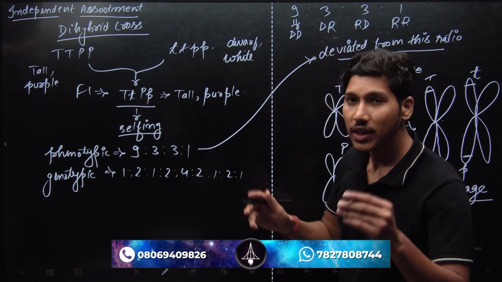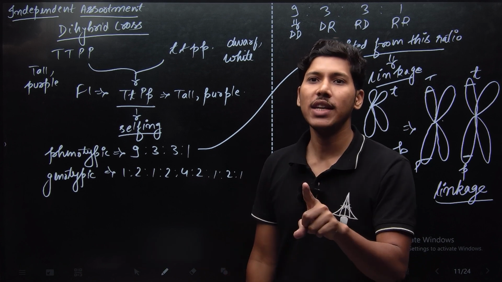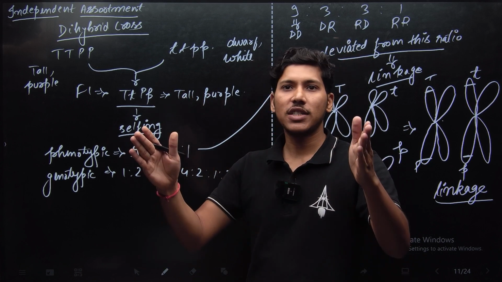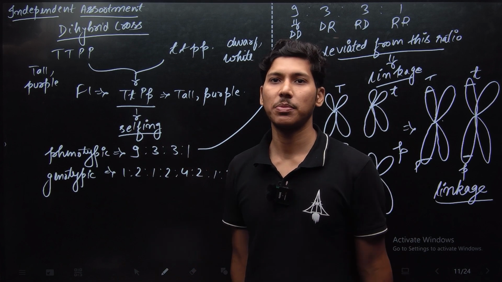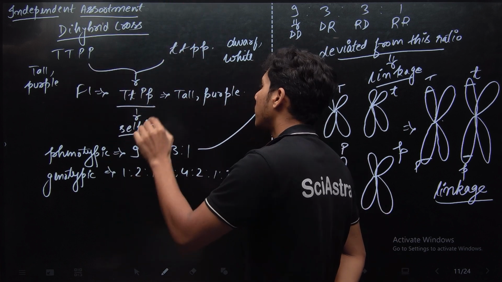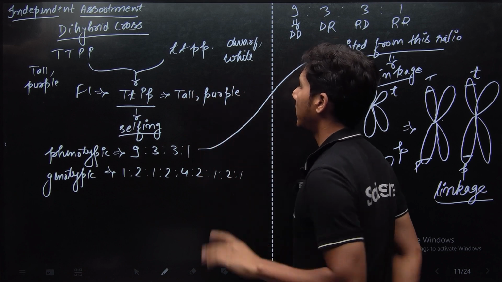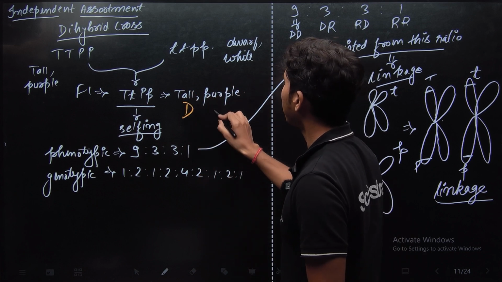Okay. Just made them, and in the F1 progeny you will be able to see that for both characteristics, dominant traits are expressed. Like in the F1 generation, all the plants will be tall and all the flowers will be purple. Both dominant. Tall is dominant, purple is dominant.